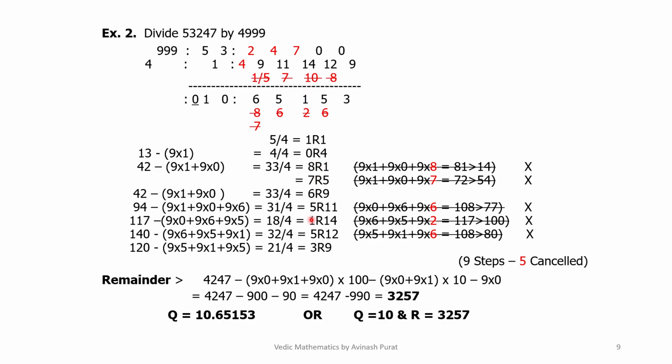Here we have got 9 steps, but 5 are cancelled, which are not part of the 9. Totally, actually, we have taken 14 steps and 5 are cancelled.